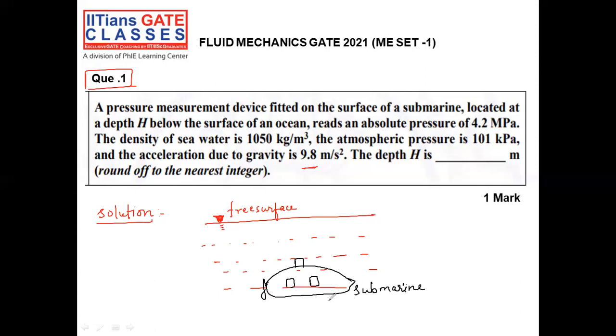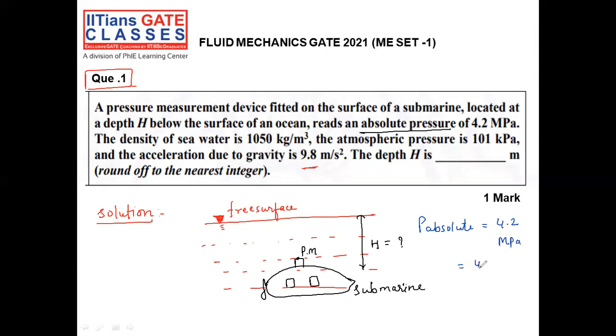So we have the submarine at a depth of h. We need to find H, and there is a pressure measurement device placed here, which is measuring an absolute pressure of 4.2 megapascal.